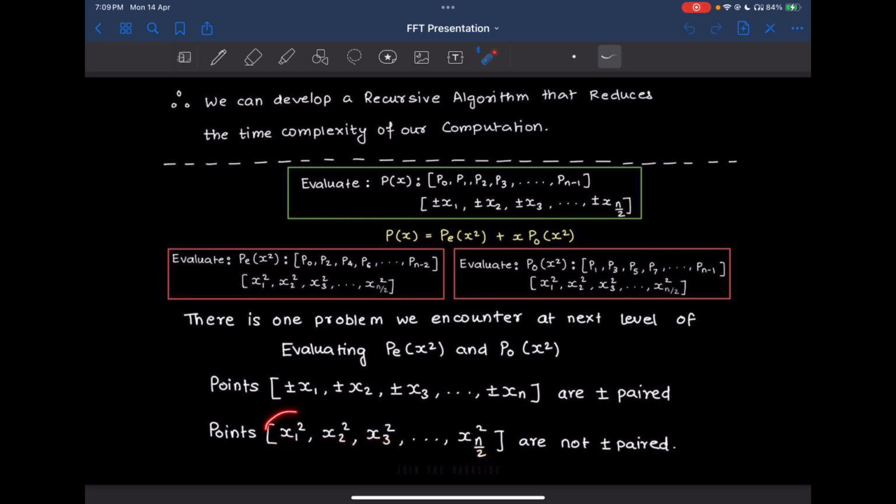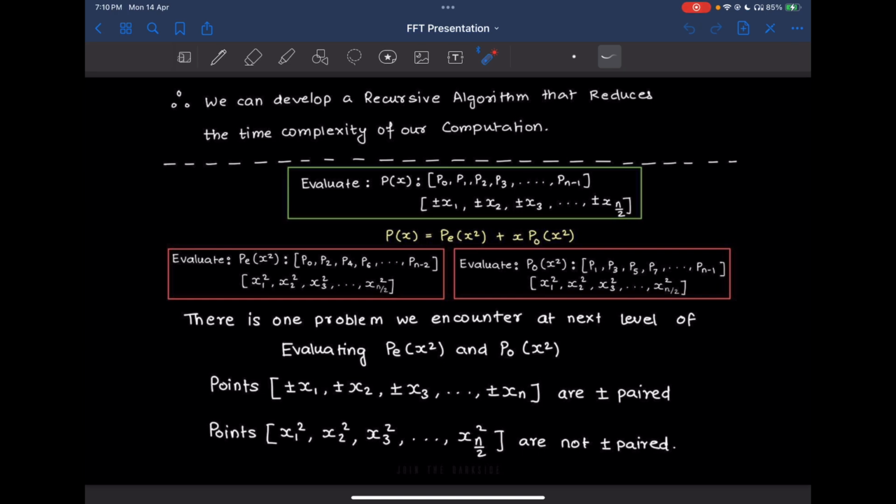So these points are not positive-negative paired. Only these endpoints are positive-negative paired. At the next level of recursion, where the size of the polynomial is n by 2, these n by 2 points are not positive-negative paired. Actually, the size of the polynomial is n by 2 minus 1, so you have to evaluate at n by 2 points.